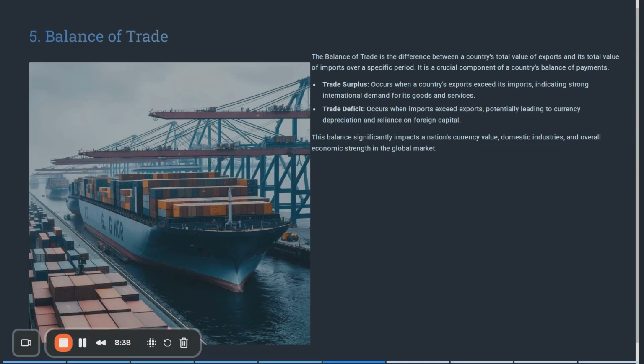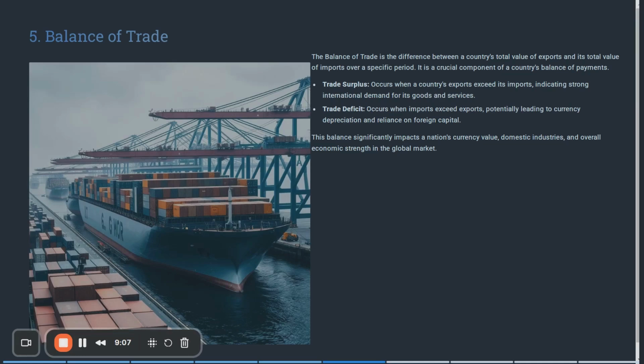A trade deficit occurs when imports exceed exports, potentially leading to currency devaluation and reliance on foreign capital. The balance significantly impacts a nation's currency value, domestic industries, and overall economic strength in the global market.